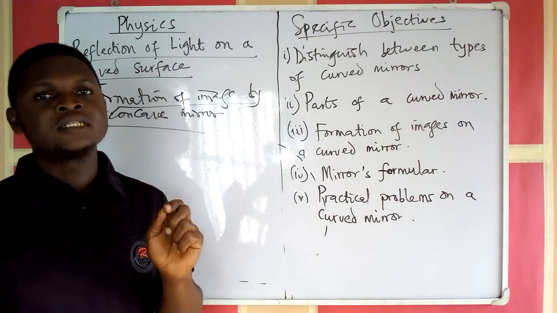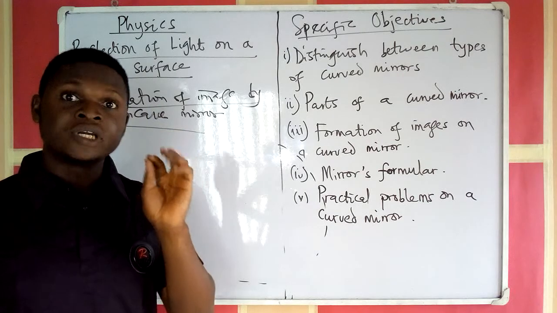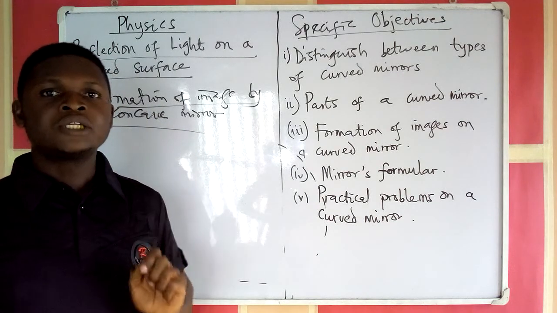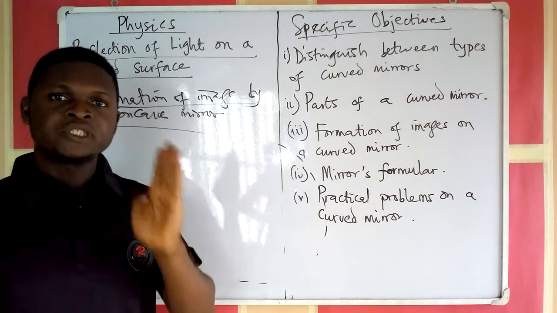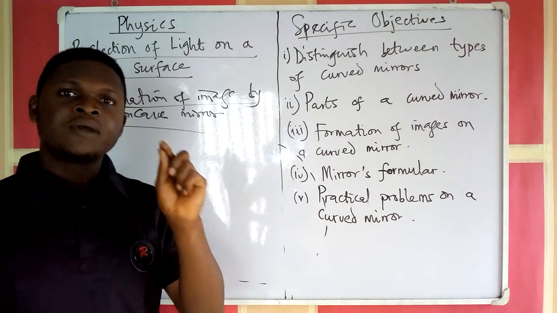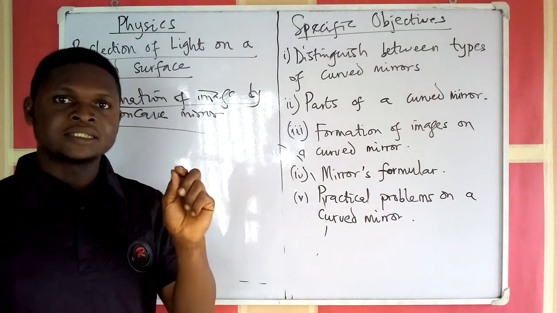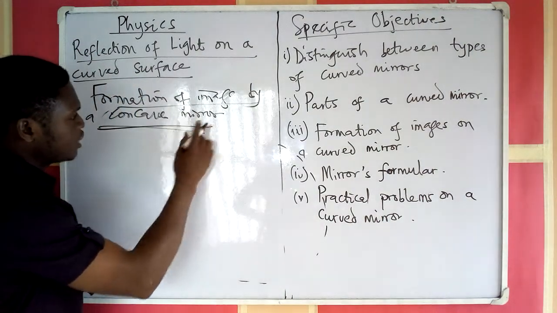And for you to understand the ray diagrams, you must know the three particular types of rays that are important in drawing the ray diagram. In drawing the ray diagram, we use three special types of ray. And you know that when the reflected rays intersect, it forms an image. Now, I'm going to illustrate that.